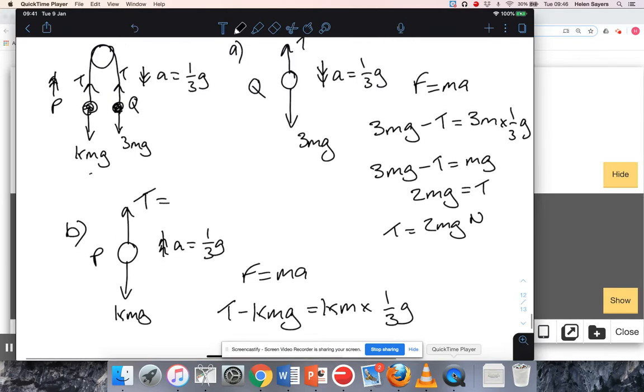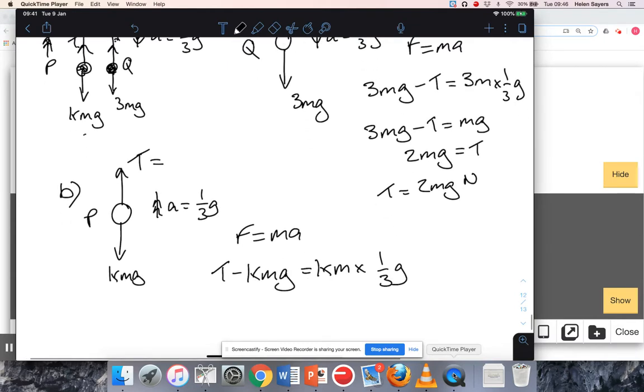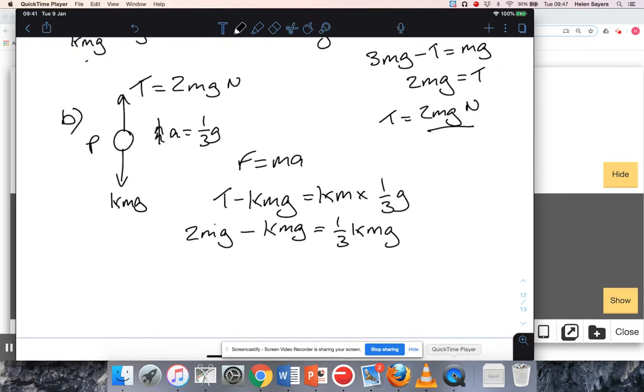Because of the assumption they told us that the string was light, those values of T will be the same. So I can say that the tension in the string is 2mg. So 2mg minus kmg is 1/3 kmg. I can do a little bit of cancelling to make that look nicer.